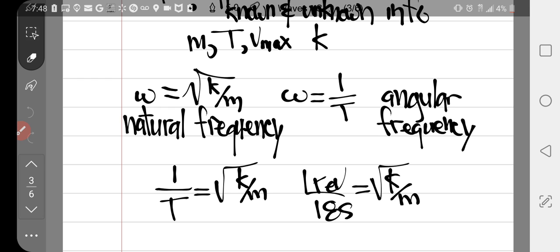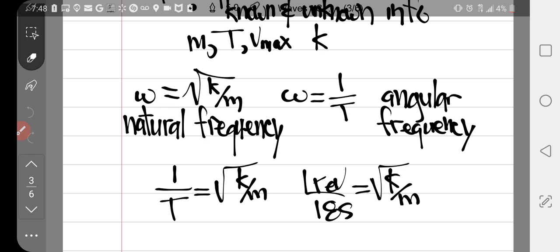And you also know that your omega, that's your angular frequency, is 1 over your period. Period is just how long it takes to do one cycle. So you flip that and you have so many cycles per second, or hertz, right? But we don't want hertz, we want the radians per second, which I think they're the same. I'll have to look it up to be sure, but I think they're the same.